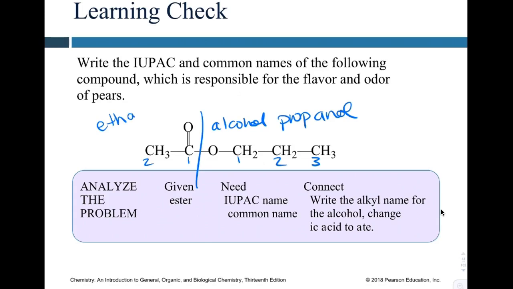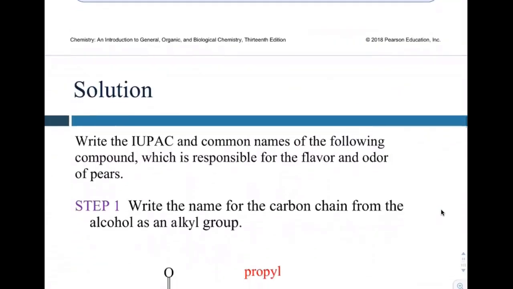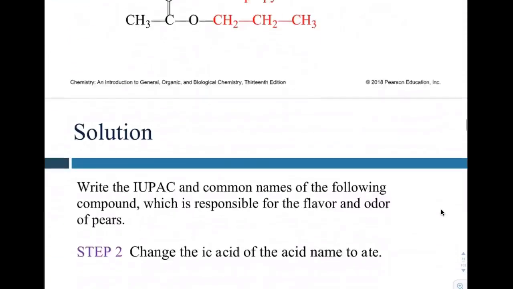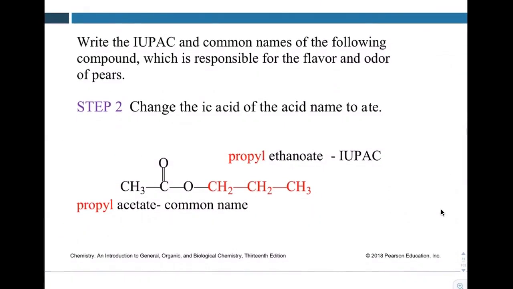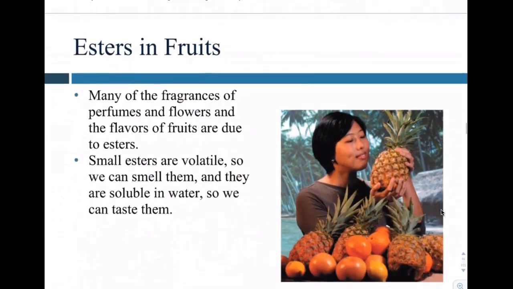Ethanoic acid, also known as acetic acid. And so we're going to name who first? The alcohol comes first, so we're going to call this propyl ethanoate. So propyl, here's your propyl group. Here's your ethanoate. You can also call it propyl acetate, because ethanoate and acetate are the same thing, right?